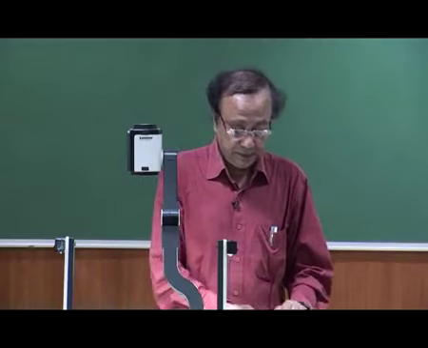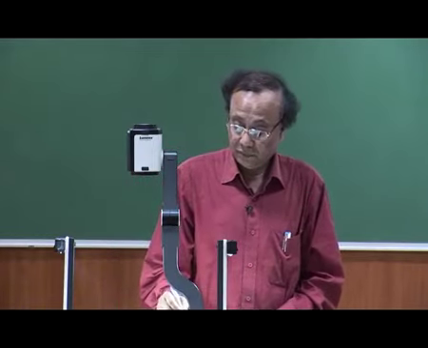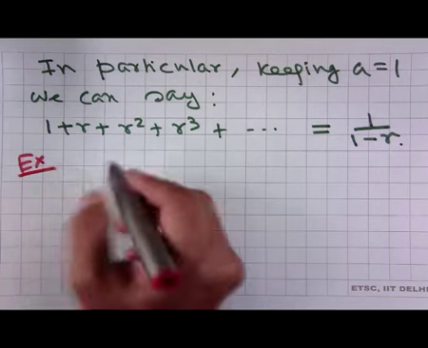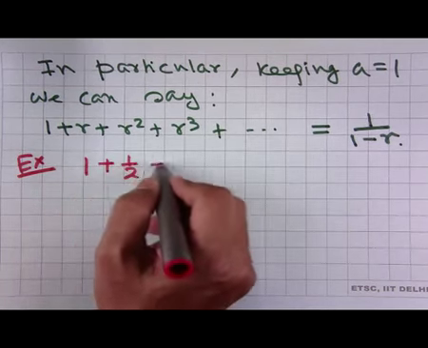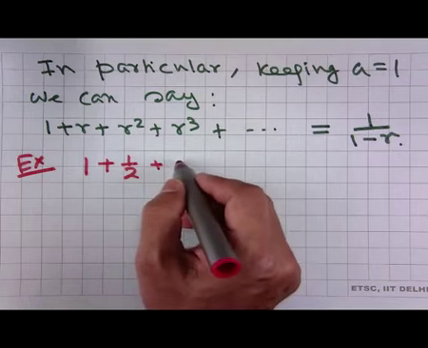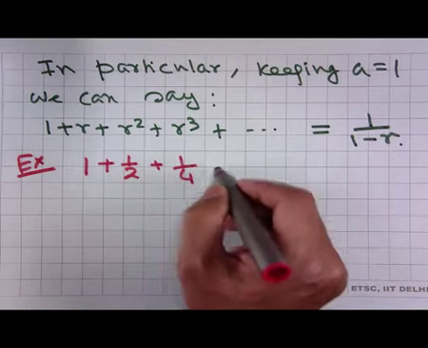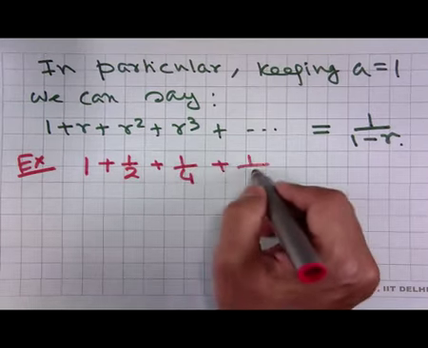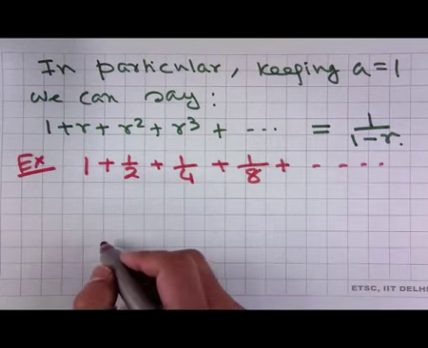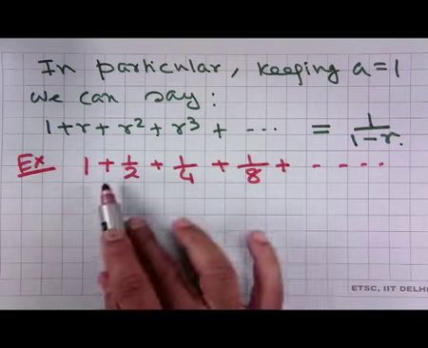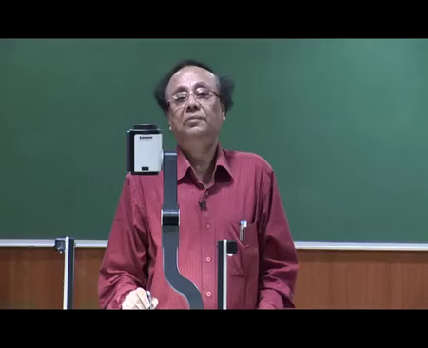For example, what is 1 plus half plus 1 by 4 plus 1 by 8 plus, this sum? We know that there are infinitely many terms in the series.